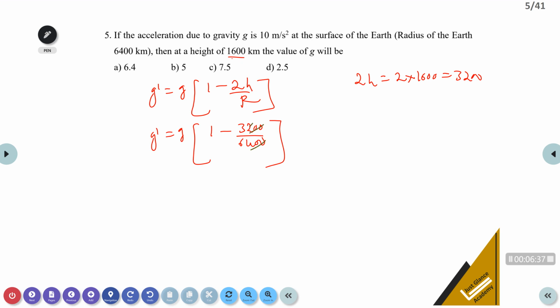So g dash equals g into bracket 1 minus 1 by 2, equal to g by 2.